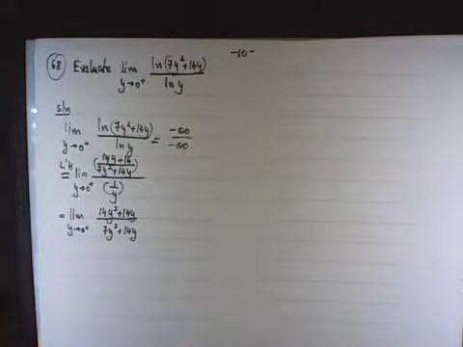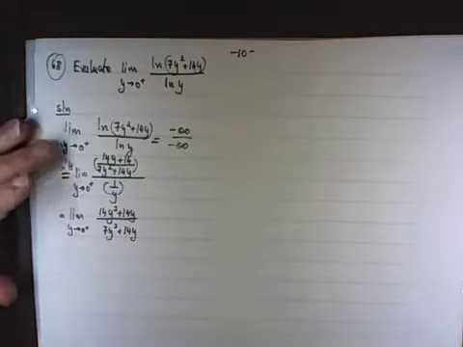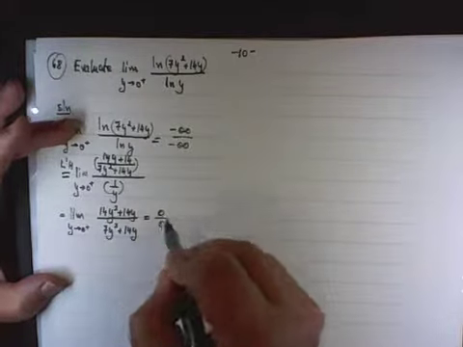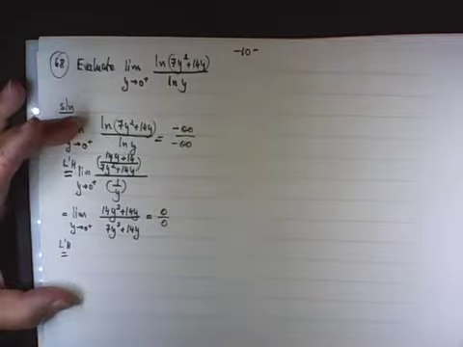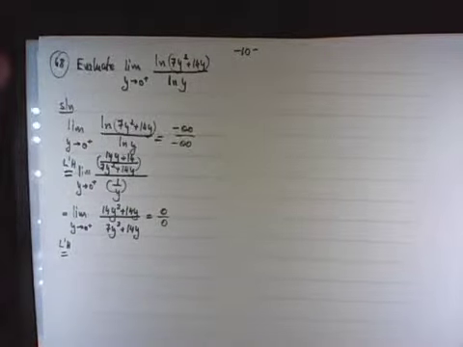No, we can apply L'Hopital one more time, because it's still going to be 0 over 0. So we'll apply L'Hopital one more time. But what about factoring out the y and getting rid of it?